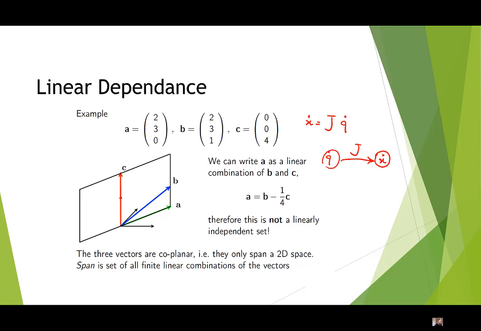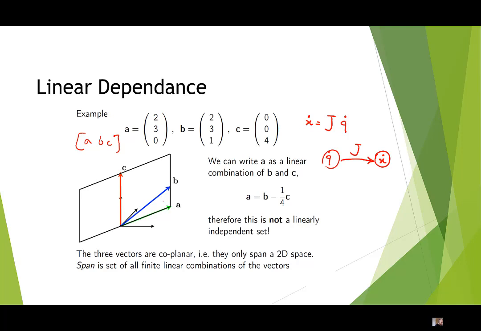And a mapping is defined by a matrix. Each column of the matrix shows one direction for the map. If a matrix has these three columns shown here, A, B, and C, these are directions that our matrix can map joint inputs in.